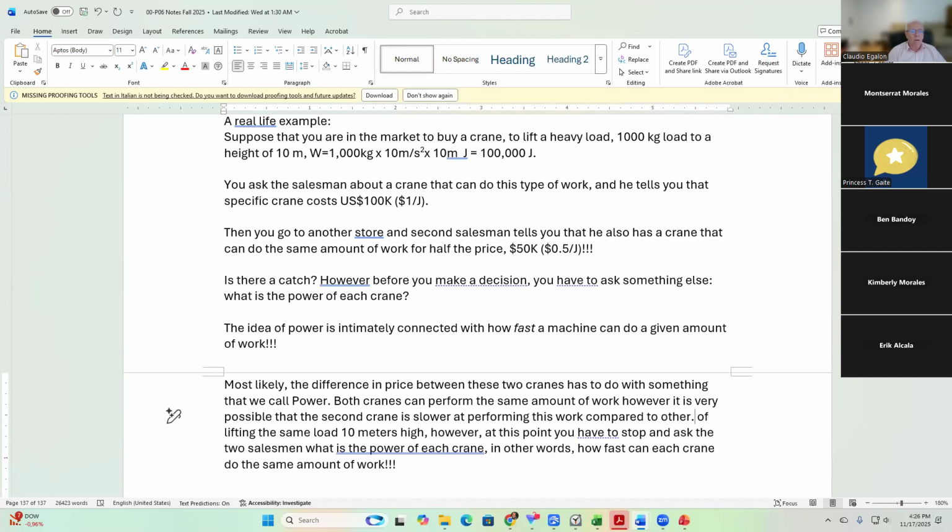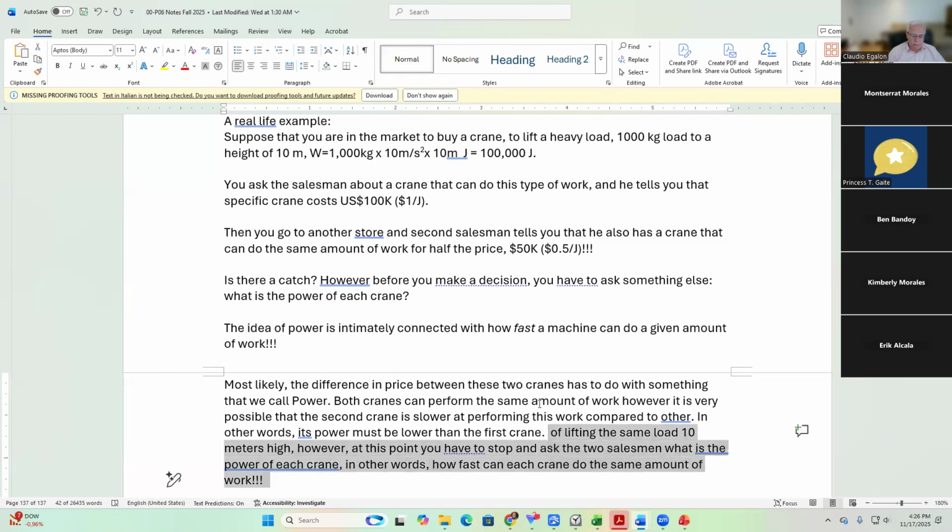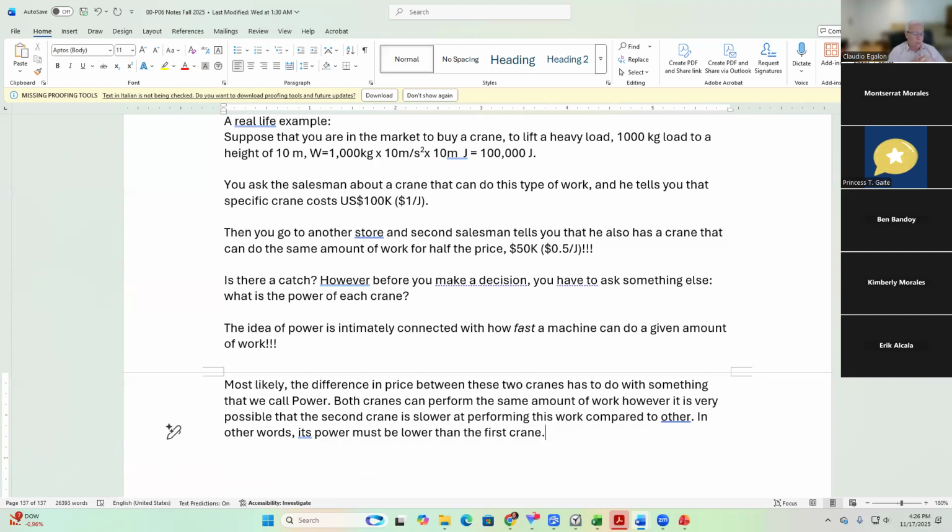In other words, its power must be lower than the first crane, and most likely should be half. If the price is half, the second crane must have a power that's half as much as the other one.